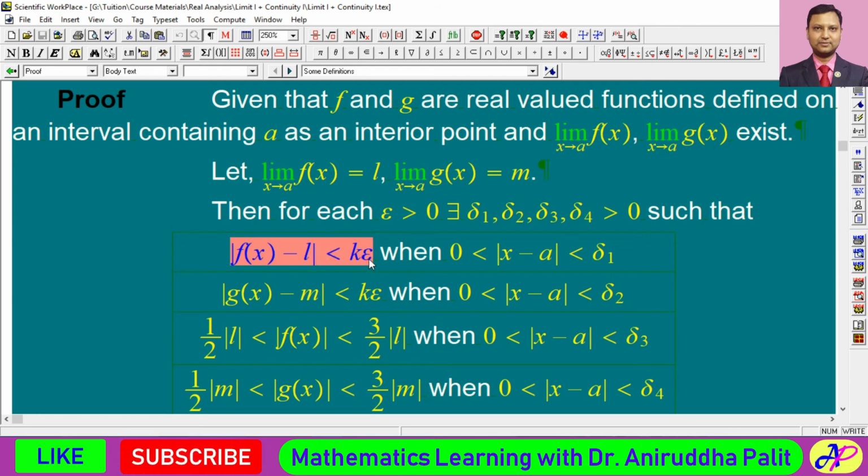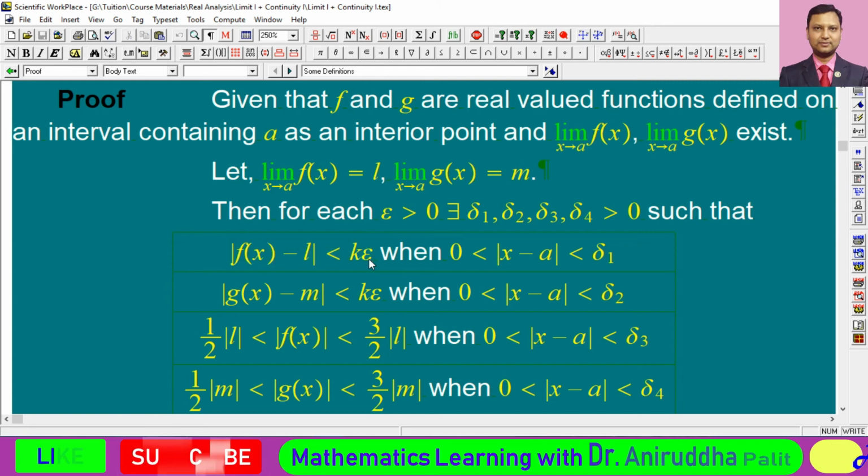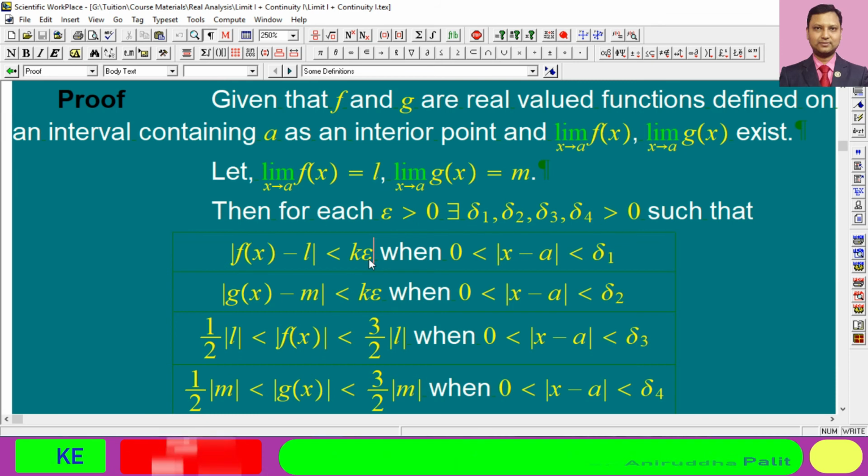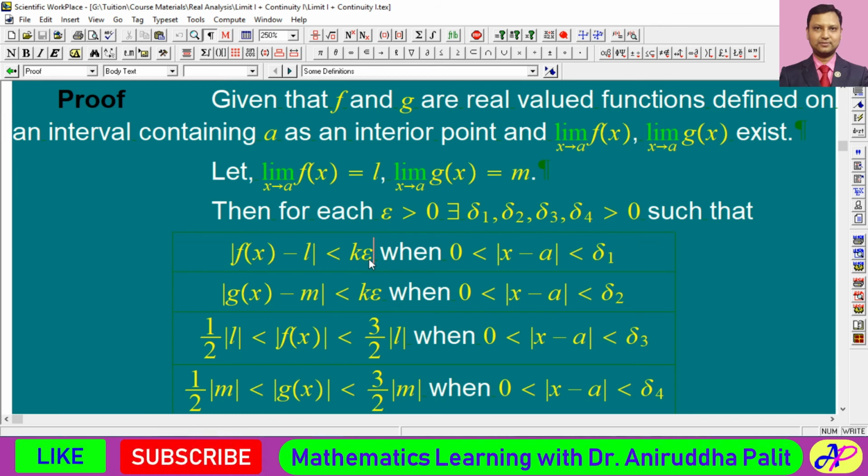Now what is k? k is a certain arbitrary positive number, and because of that arbitrariness we shall use the value of k in order to finally obtain the existence of the required result.